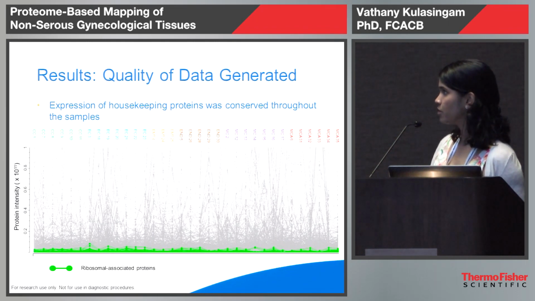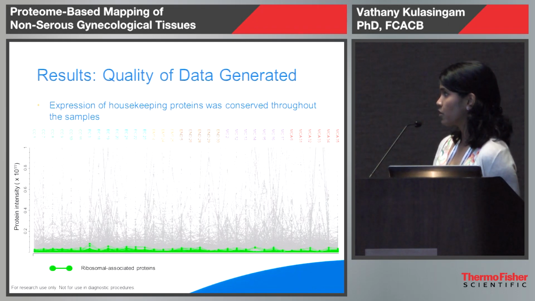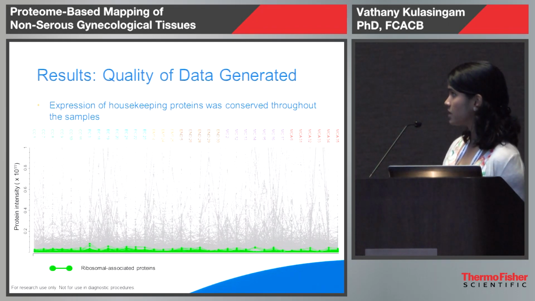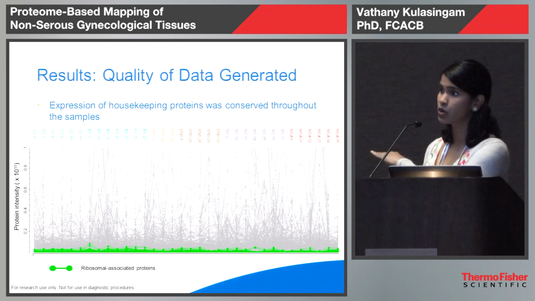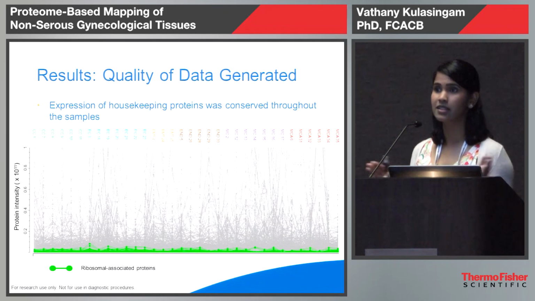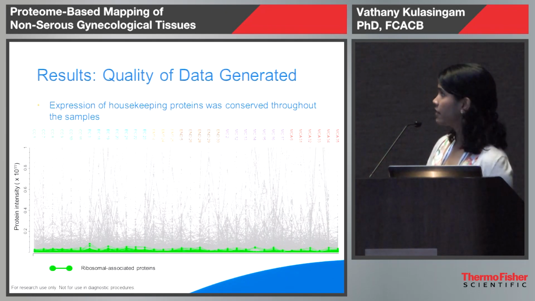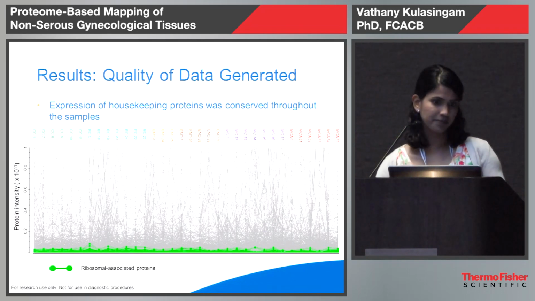I'm showing you what we call the housekeeping proteins. These are ribosomal associated proteins, and you can see that their expression is fairly consistent and constant across the cohorts of samples that we analyzed, despite analyzing them on different days and batches. And then, of course, all the others are the other proteins that we found.